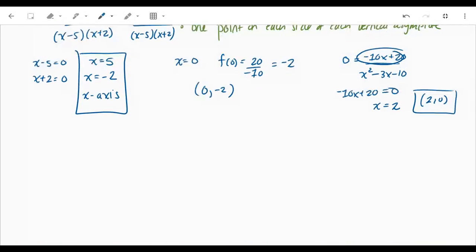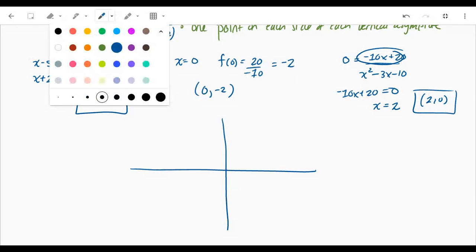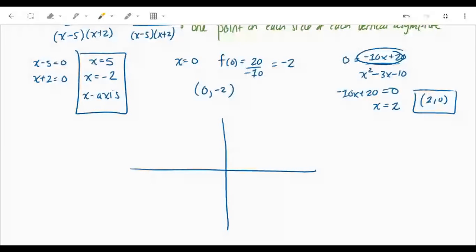All right, so we can start drawing here. Let's go yellow. Your asymptote at x equals 5. Your asymptote at x equals -2.